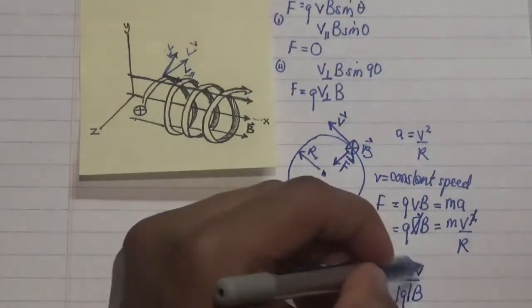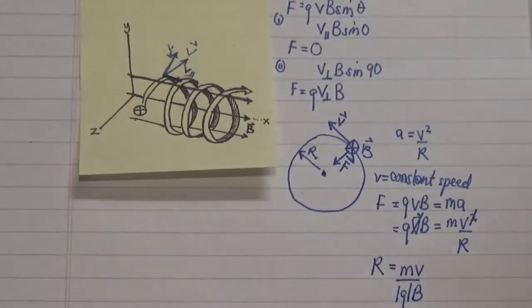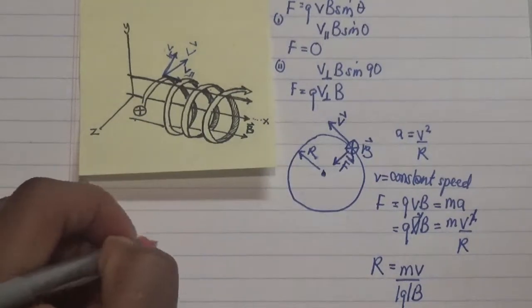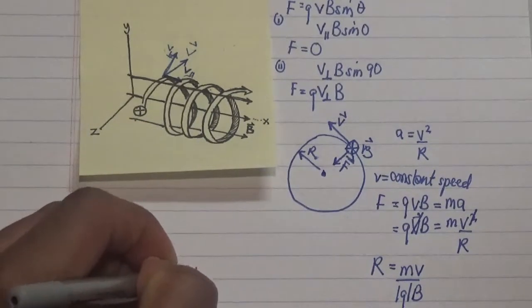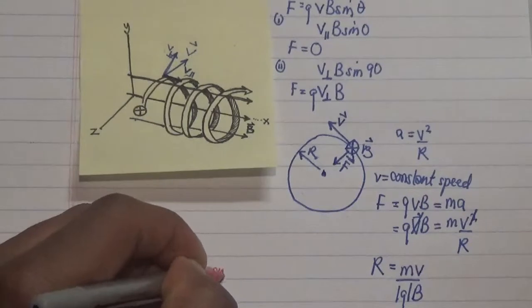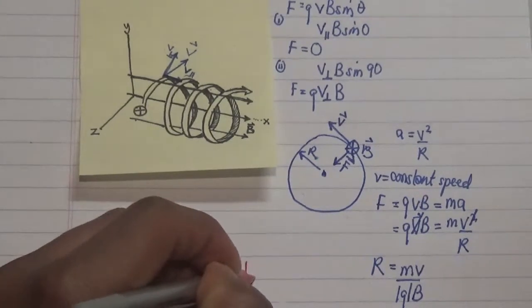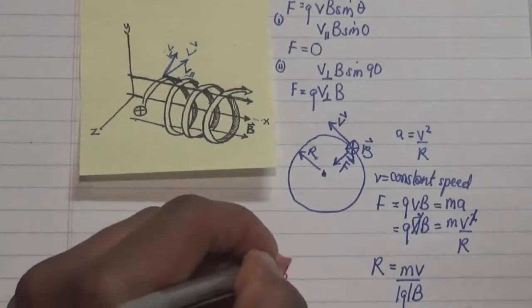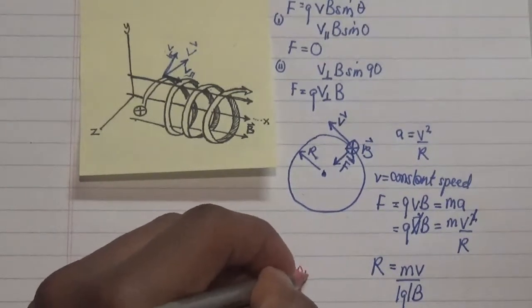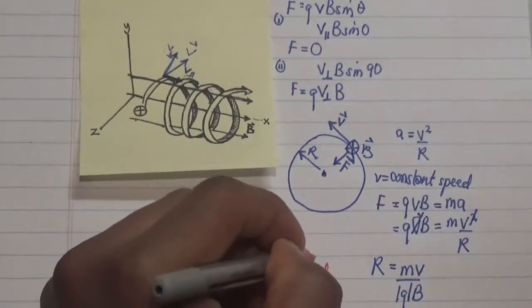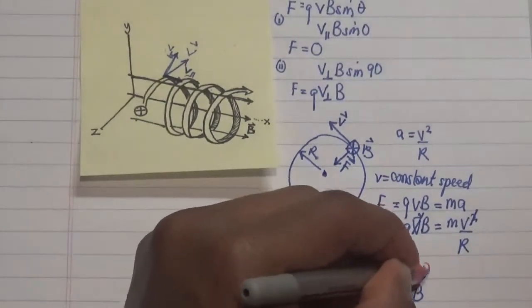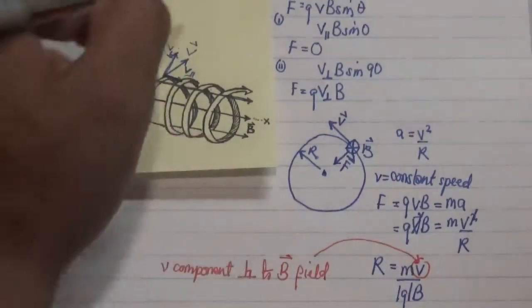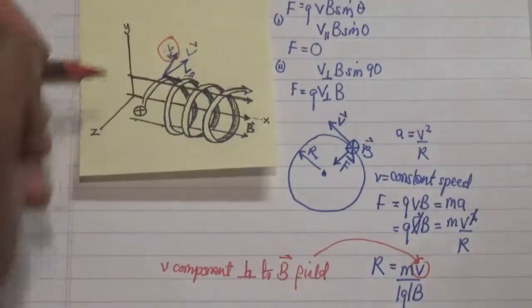So in this case, our velocity here is now the component that is perpendicular to our magnetic field, that is for our V. So that is the V that we're going to be focusing on here.